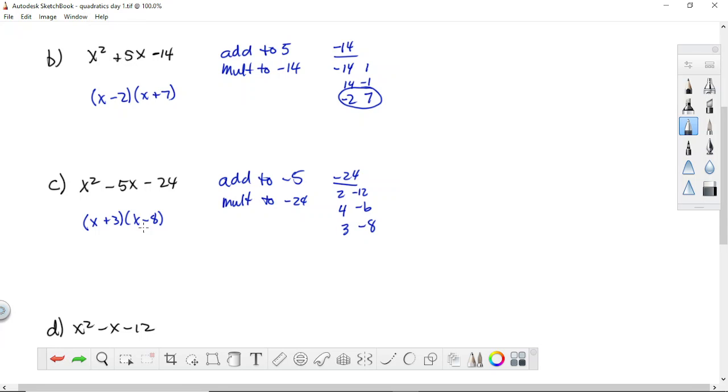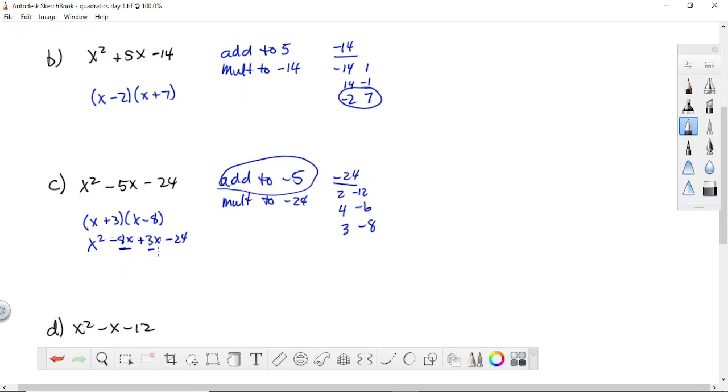And so you can see when you FOIL it out how it comes into play that those numbers add up to make negative 5, because we're going to end up adding them when we get the middle term. You can take a quick look at that. X squared minus 8x plus 3x minus 24. And there it is.